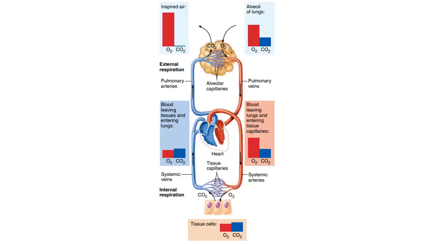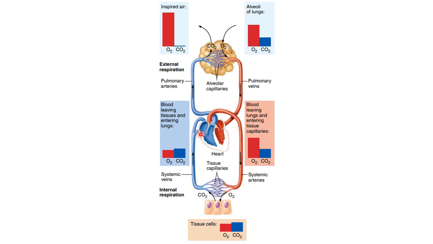Next, let's go into part 2 and part 3 of the processes of respiration. And these are your transport and external respiration. So let's review how the pulmonary circulation occurs.